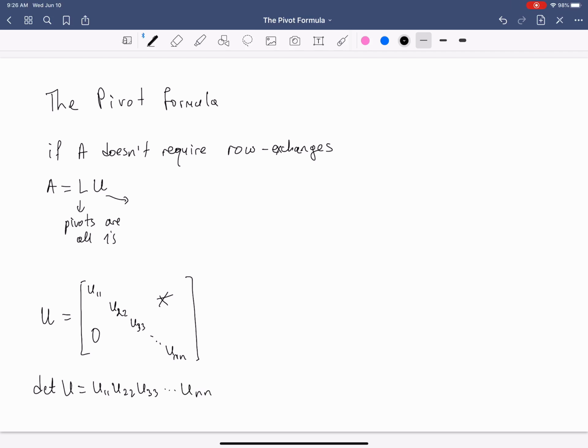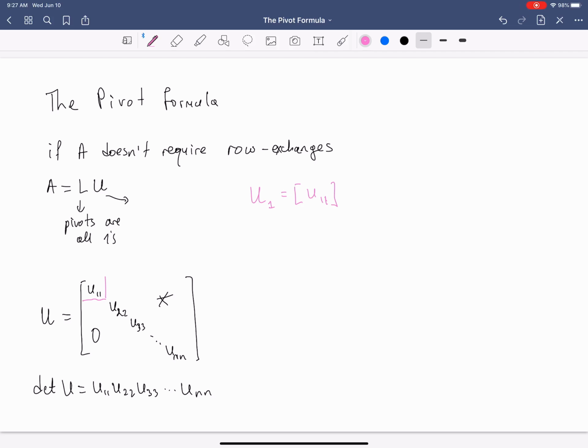Now, you could look at this first pivot, which has to do with the determinant of that upper left corner 1 by 1 matrix. Let me call that matrix capital U1. It's just a matrix with one entry.